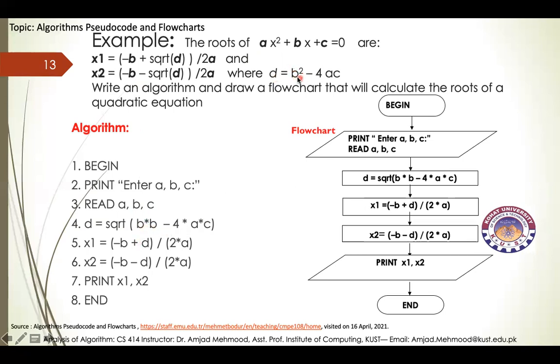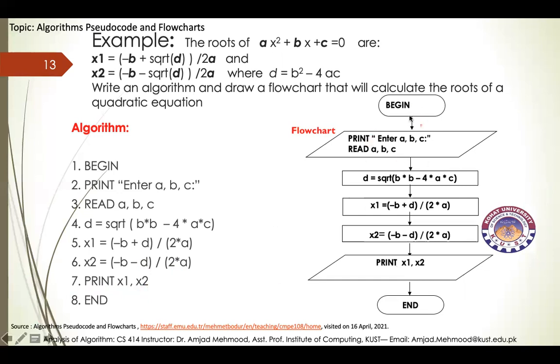This is b square, so b into b minus 4ac, and then x1 will be like minus b plus d divided by 2 multiply a, and x2 will be minus b minus d, because d is already calculated. So now we can easily write plus d and minus d, and divided by 2a here, and then x1 and x2 will be printed. These are how we get the roots of this equation.